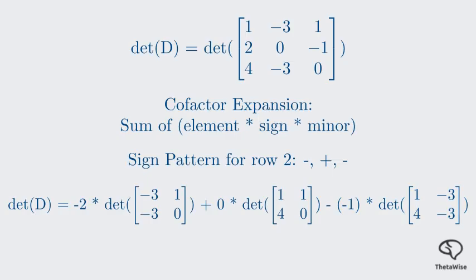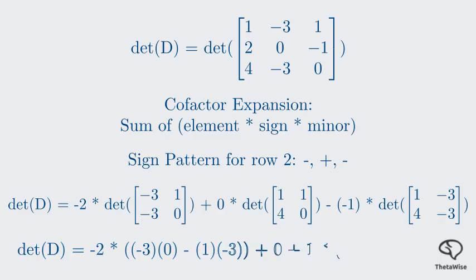A 2 by 2 determinant is found by multiplying the diagonal elements and subtracting. For the first part, it's negative 2 times the quantity minus 3 times 0, minus 1 times negative 3. For the second part, because we are multiplying by 0, the whole term becomes 0. For the third part, it's plus 1 times the quantity 1 times negative 3 minus negative 3 times 4.